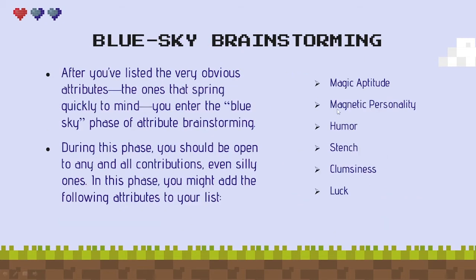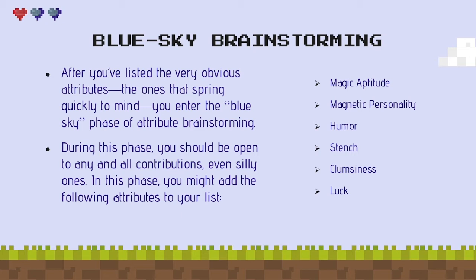Next is we have blue sky brainstorming. So, after you've listed the very obvious attributes, the ones that spring quickly to your mind, you enter the blue sky phase of attribute brainstorming. So, during this phase, you should be open to any and all contributions. Even silly ones in this phase, you might add the following attributes to your list. So, in here, you brainstorm pa.